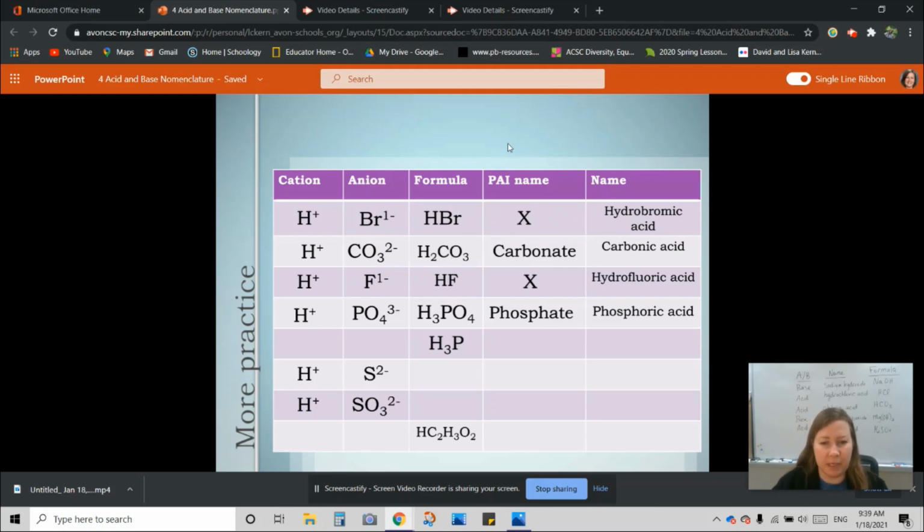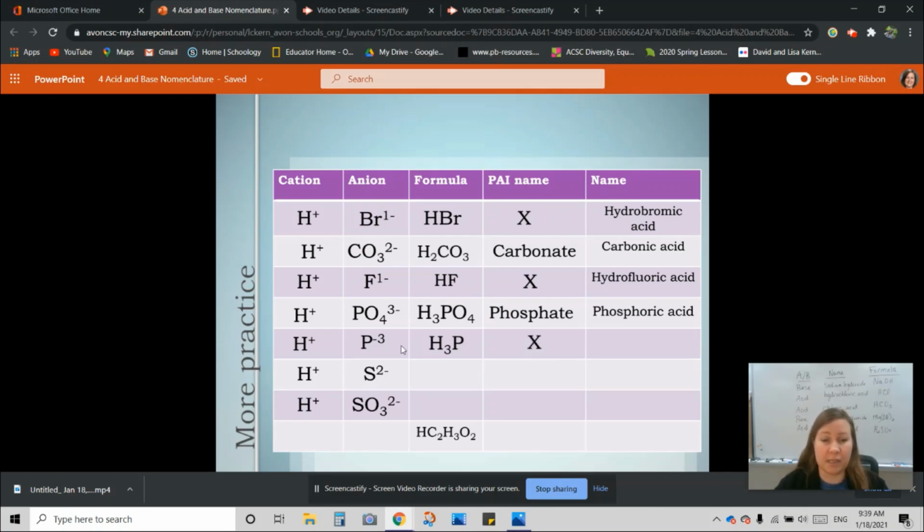Okay, H3P, our cation, of course, is H plus. Our anion is phosphorus by itself. So we got to look up that element on the periodic table. It's in the -3 column, which of course makes sense because it takes 3 hydrogens to balance it out. It does not have a polyatomic anion at all.